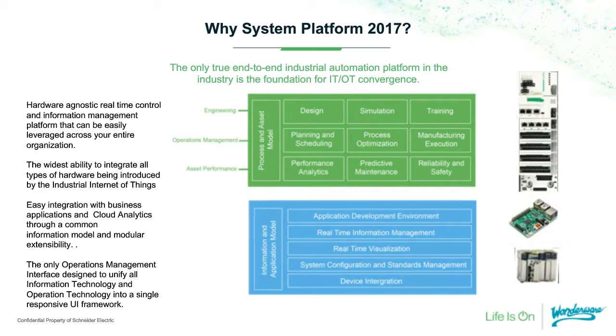Two, it gives you the widest ability to integrate all the types of hardware being introduced by not only the traditional mechanisms, but also the industrial Internet of Things. At our root, we've integrated core capabilities such as MQTT and web services inside of our System Platform to make it extensible into virtually any type of device or system that is inside of your organization.